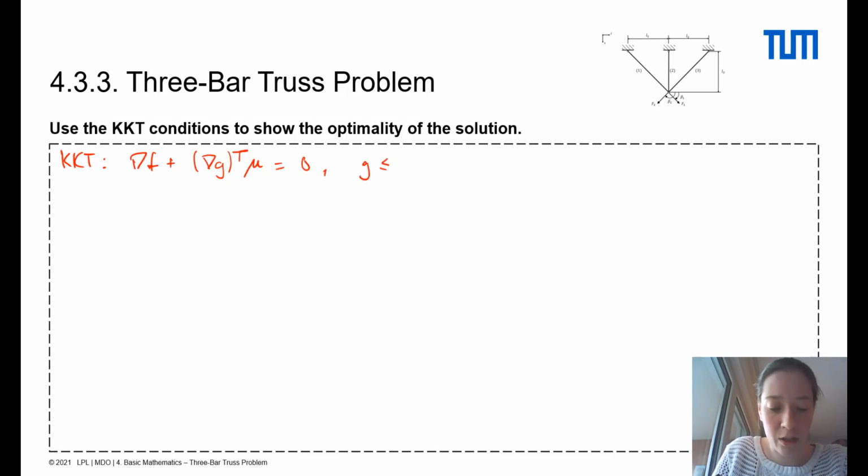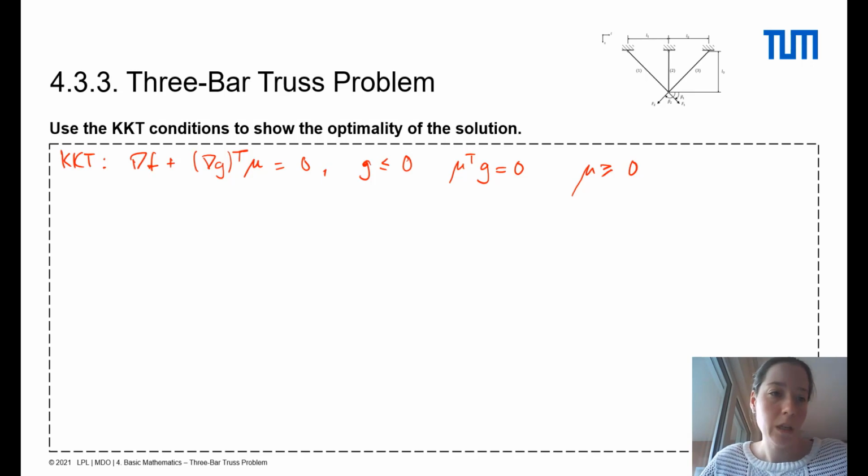We also know that g has to be smaller or equal than 0, that mu transpose times g has to be 0, and also mu has to be larger or equal than 0.